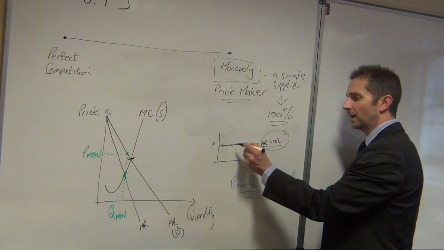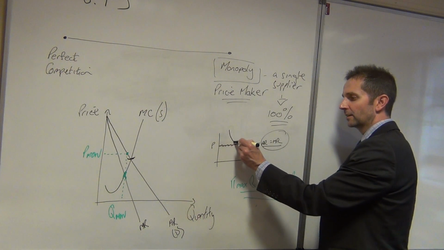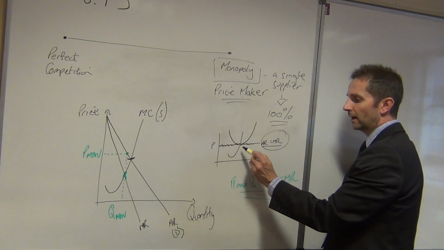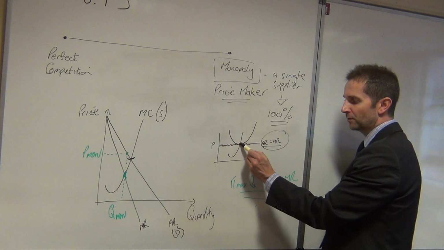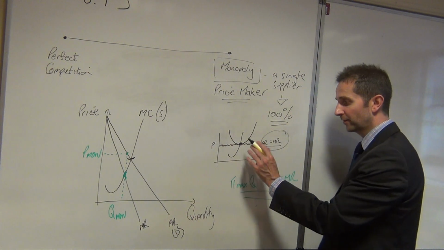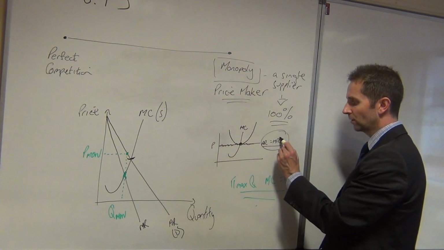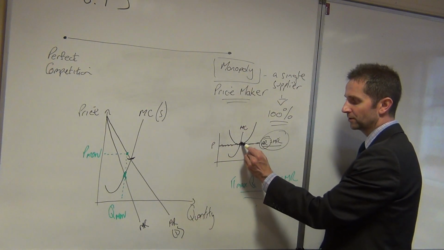The reason for that is because it's linked into the perfectly competitive diagram that we looked at in a previous video, where we've got allocative and productive efficiency and perfect competition at this particular point where the MC curve is crossing the AR curve.